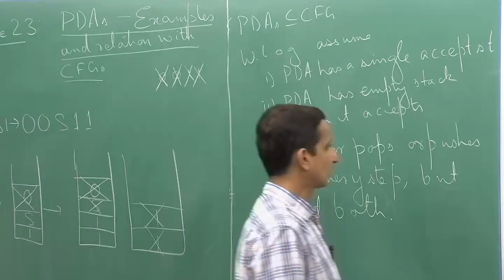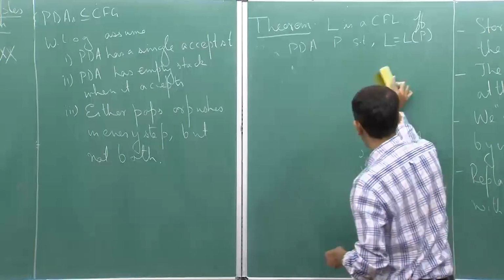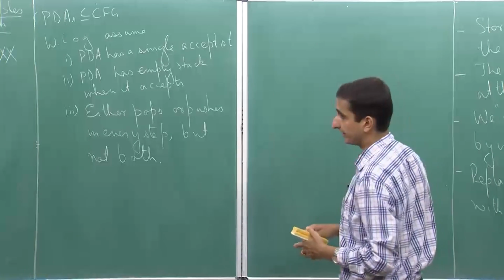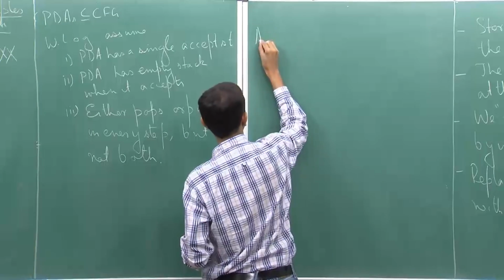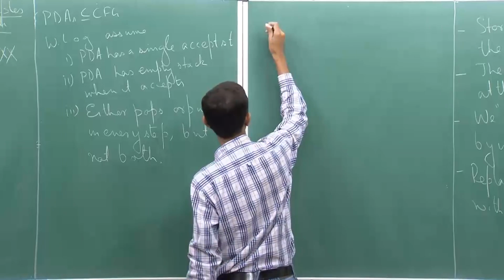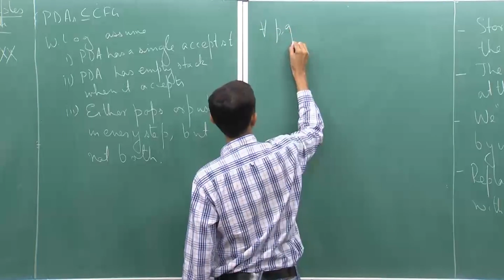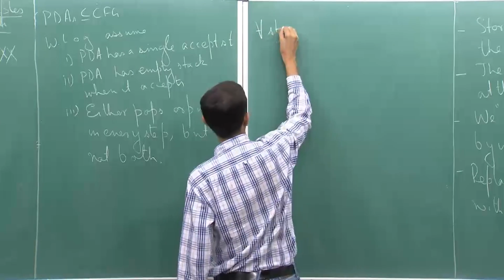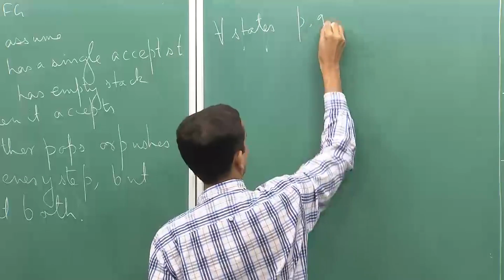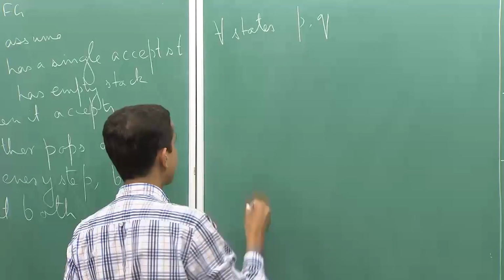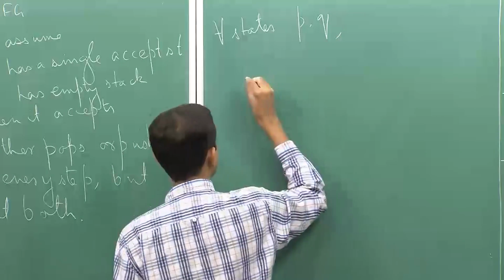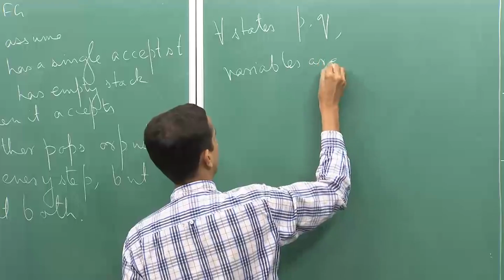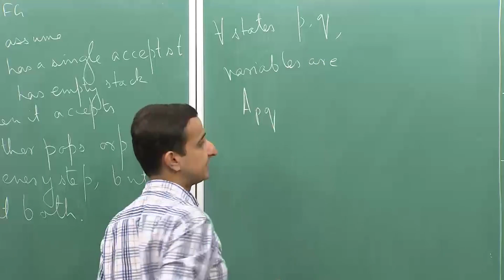Okay. So, now that we have these conditions, what we do is that we create variables of the form A P Q for all p comma q of the PDA. Okay.